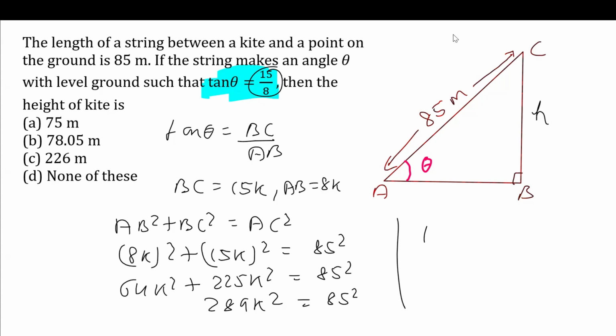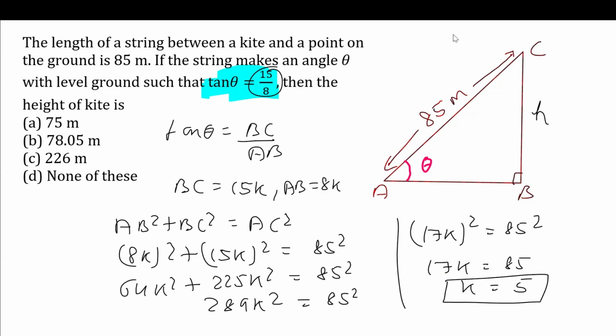Now I can write this as 17K whole square, and this is 85 square. Cancelling the square, we get 17K is equal to 85. That implies K, dividing 85 by 17, is 5. We got K. Now we can place the value directly. We had to get the height H, and H is BC.